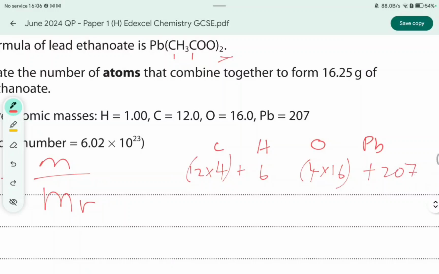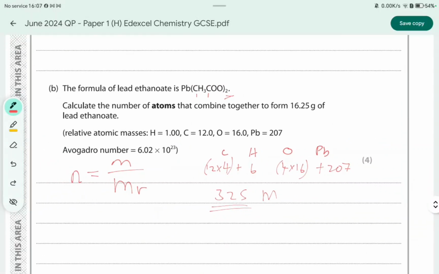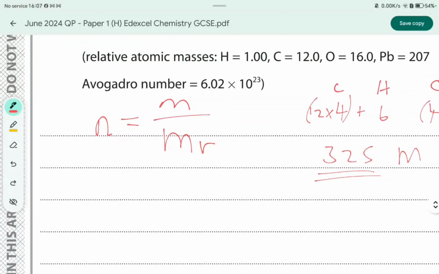And then punch these in the calculator. If you punch these in a calculator, you get 325. This is our Mr. And our mass is equal to 16.25 grams over 325. Again, let me punch that in a calculator.